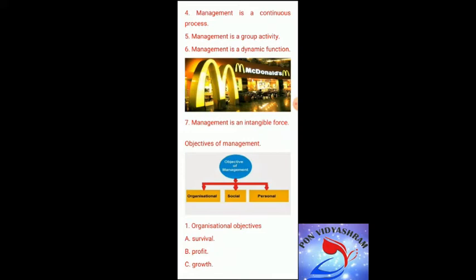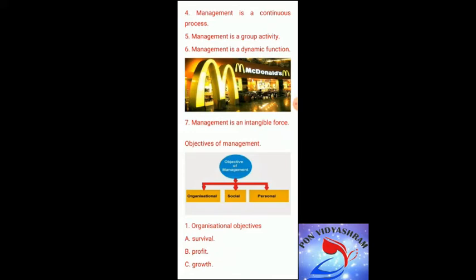The best example is McDonald's, where the stuffing used in the burger in the West and in foreign countries is beef or pork. But when they wanted to establish their concern in India, they did not use these two materials because it is against the religious sentiments of the people.